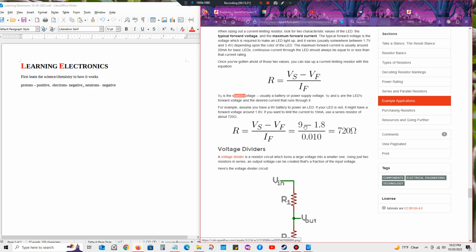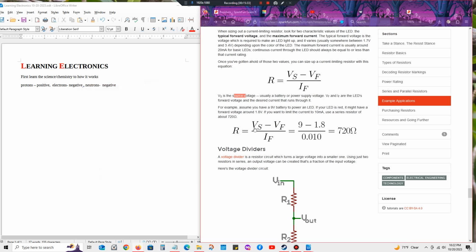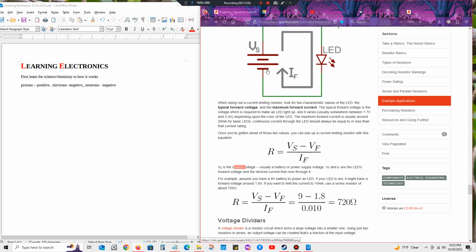And so you subtract that by that, and then you divide it by that, and you should get that. So that's what you should get, 720. So the source voltage, or VS, that's the battery. What is your power source battery? A 9-volt battery, 9. And VF is the voltage forward, which is the typical forward voltage, the voltage which is required to make an LED light up.